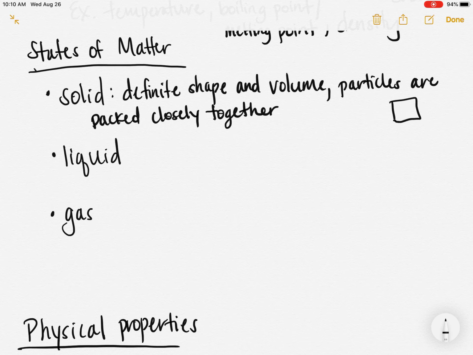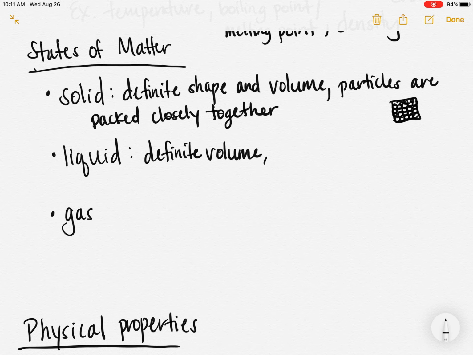And if I had to draw a solid, it would kind of look like this. Right, all those particles packed in this fixed position in my solid.